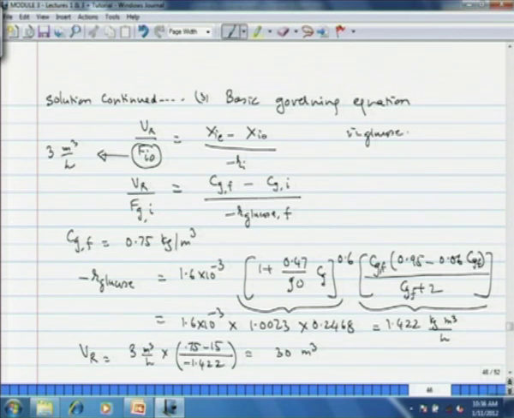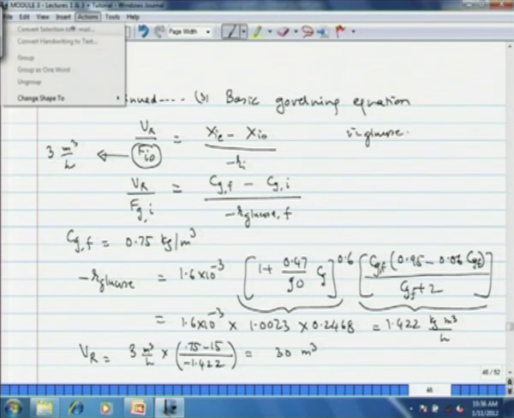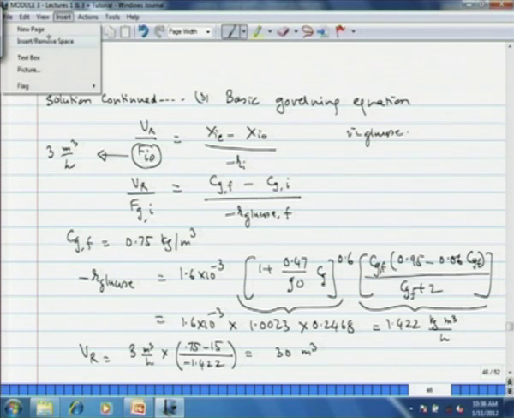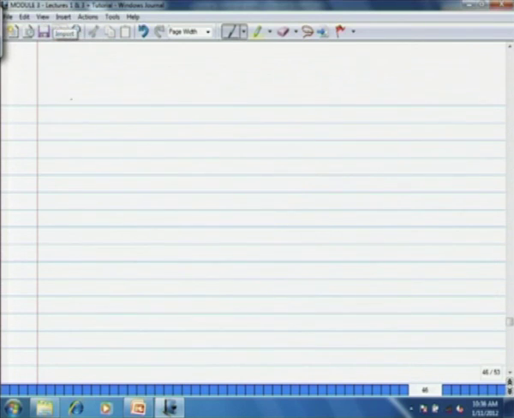So, we have answered the first bit of this particular question. Okay. Now, the next task is to estimate the cost.